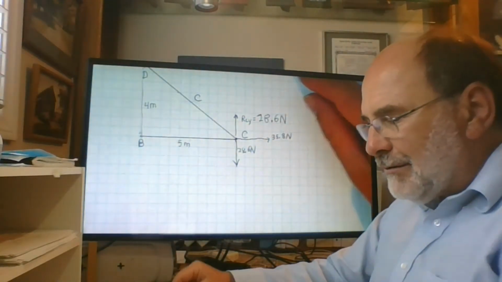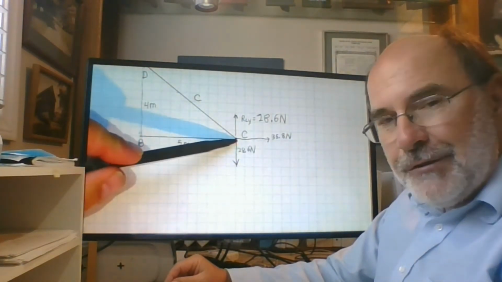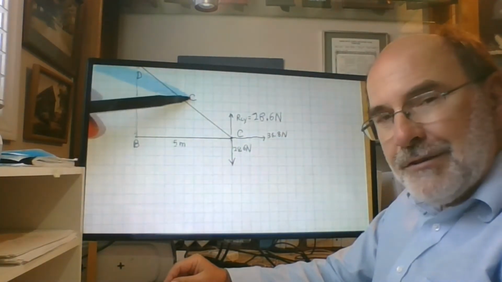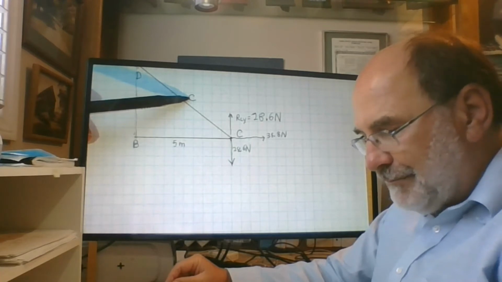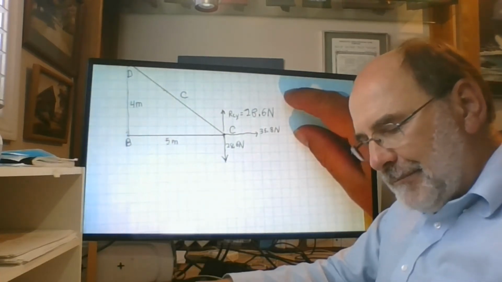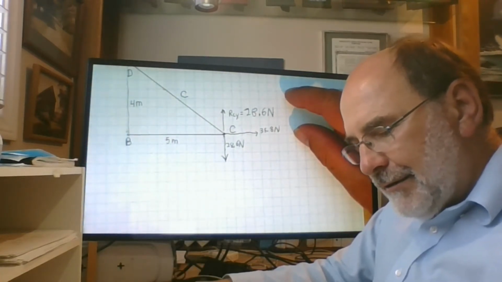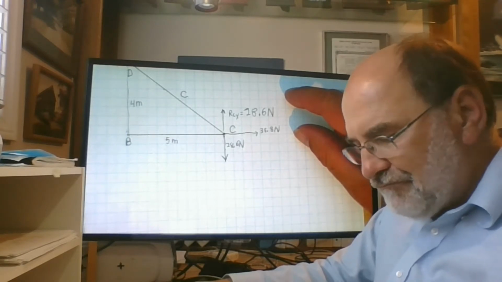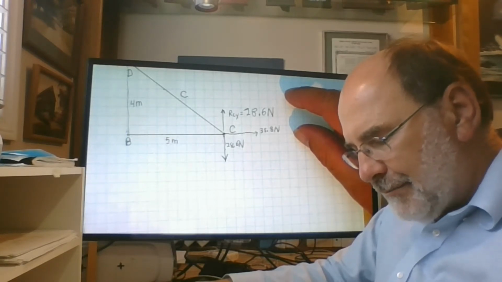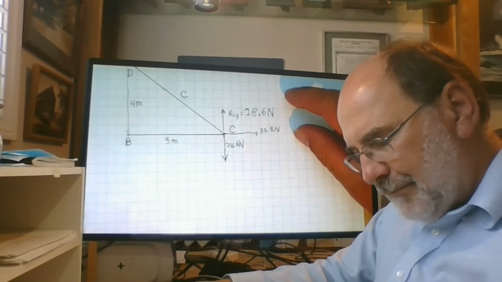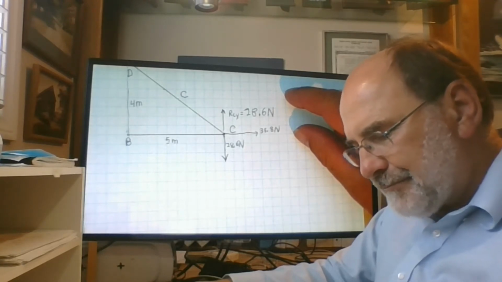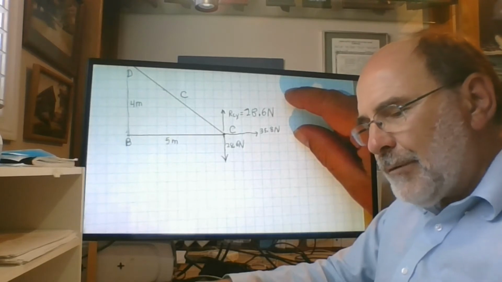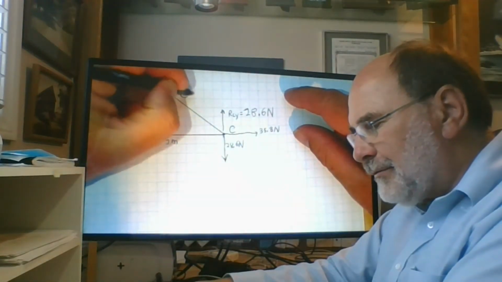I know we use letter C to represent this vertex, but we also use letter C to represent compression. And I would now fire up my calculator and calculate the square root of 35.8 squared plus 28.6 squared, and I get 45.8 newtons.